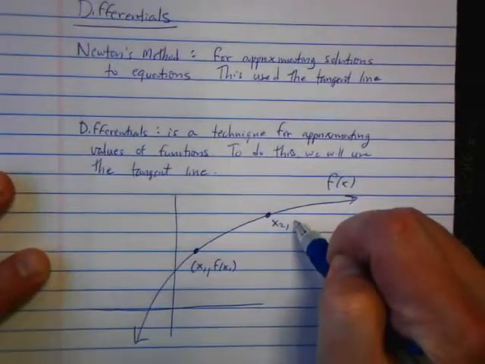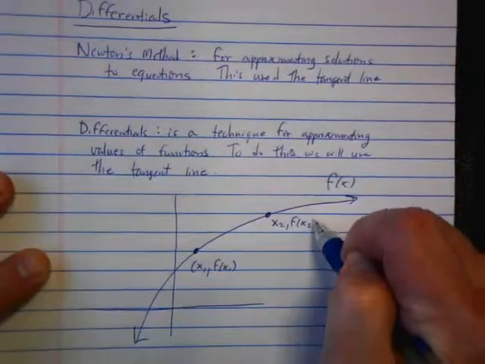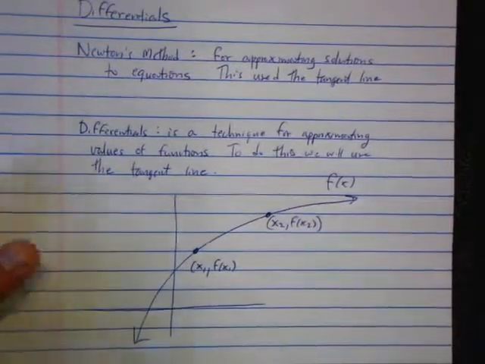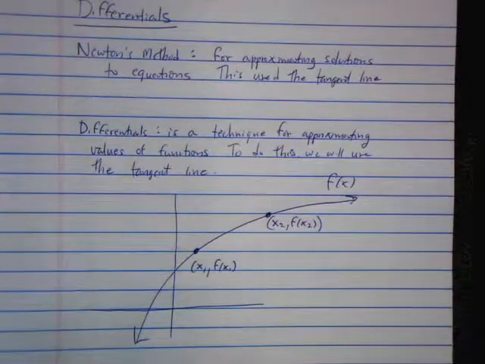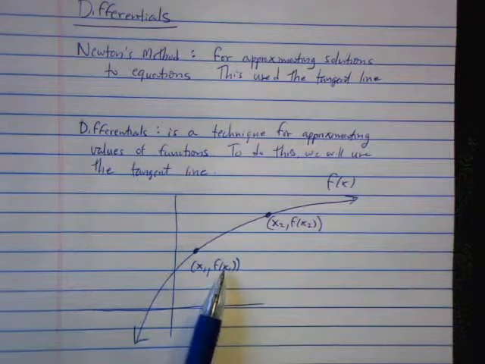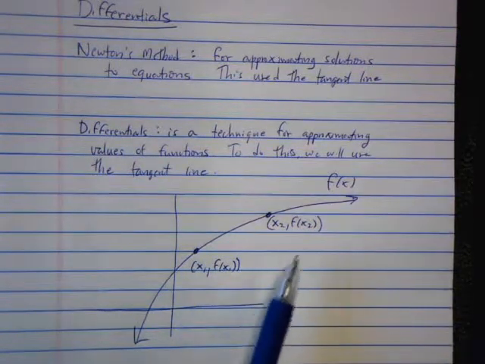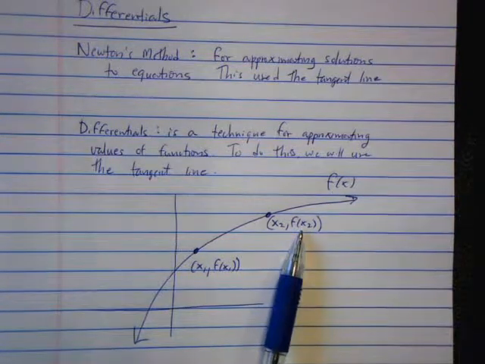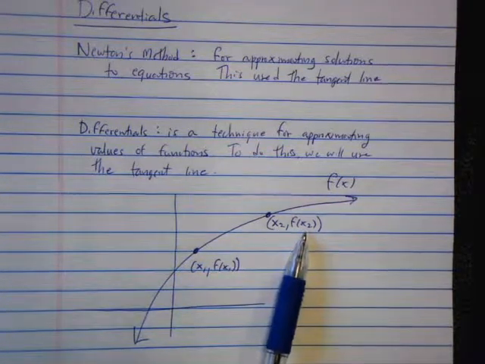And this is x2 comma f at x2. Generally, f at x1 is going to be a value we can evaluate easily, and f of x2 is one that we can't evaluate so easily. We'll see what I mean by that in just a minute.